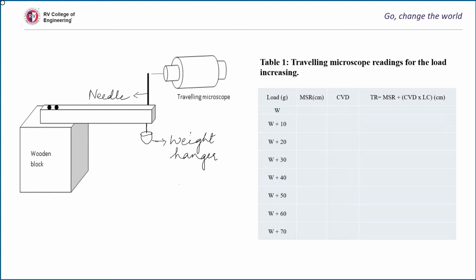We have not introduced any load to the weight hanger. The next reading will be by adding 10 grams to the weight hanger. Similarly, you add 20, 30 and record the values of MSR and CVD, reach up to a maximum of 70 grams, and tabulate the values in table 1, which is traveling microscope readings for load increasing.